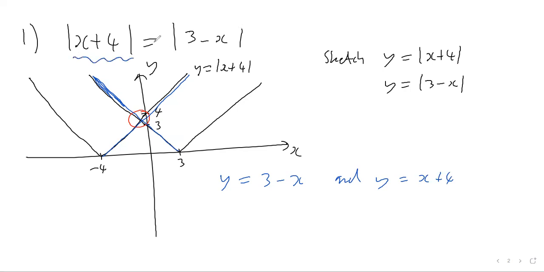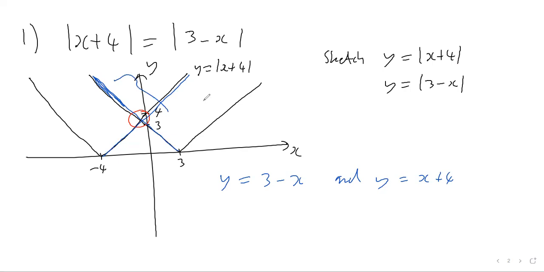When this number is greater than 0, obviously y is equal to x plus 4. That's where I've got this from. And when 3 minus x is less than 0, in other words, when x is greater than 3, we get this graph here.